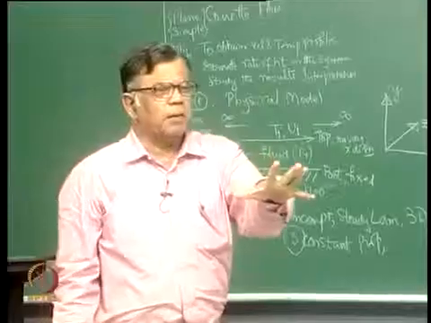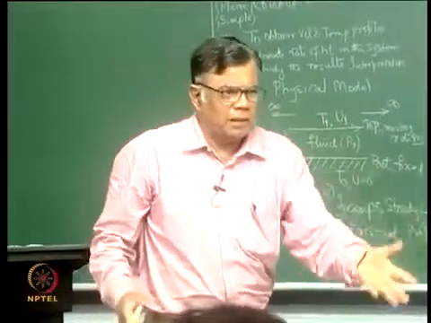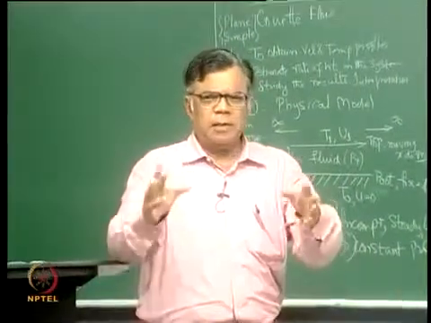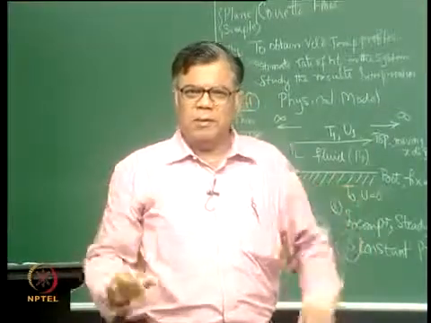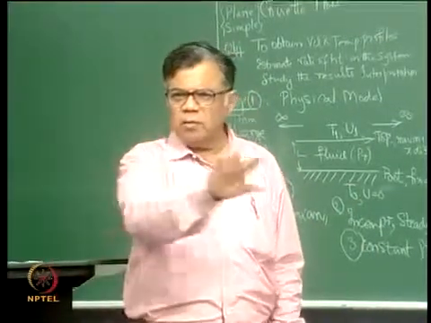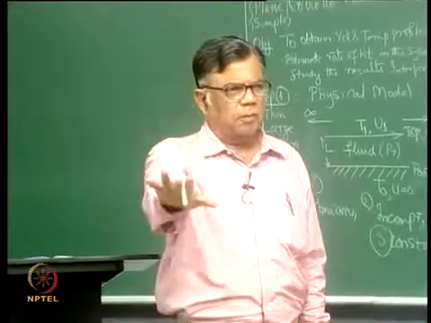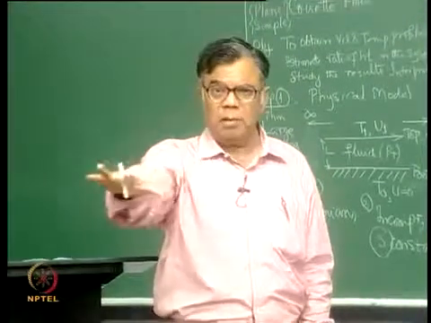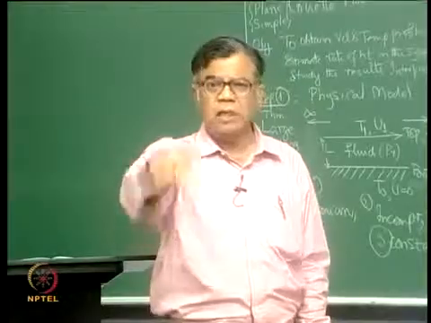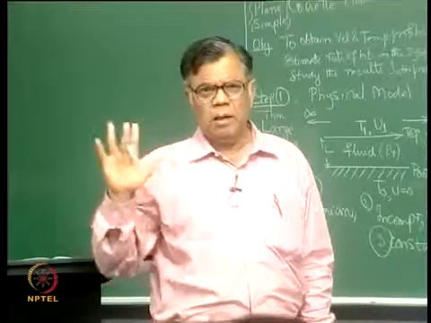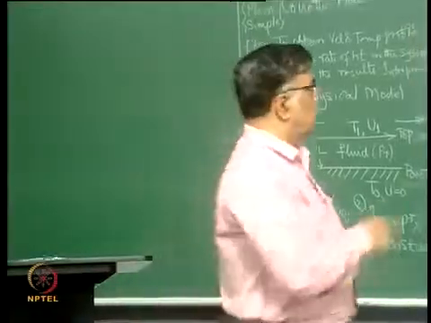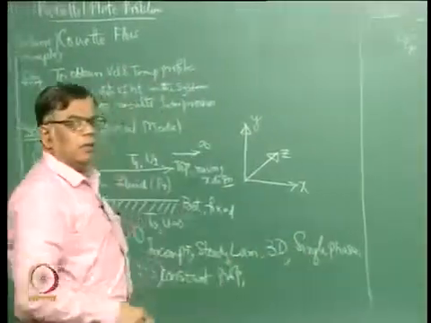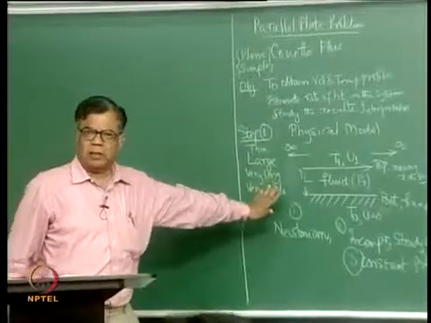So don't think mathematical model is only the equations; people simply write the equations and leave the boundary conditions to me. Only when you write the boundary conditions, looking at the equations, how many boundary conditions, how many boundaries, how many conditions, what is the order of the derivative, only then is the problem complete. Hopefully it is now ready for the solution. Now we will get the mathematical model for this.